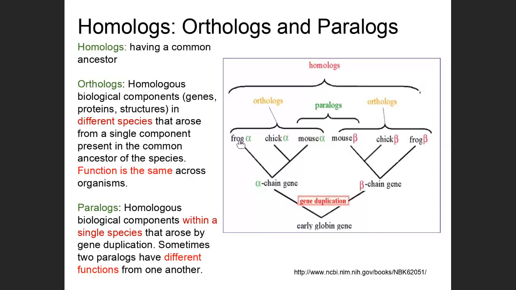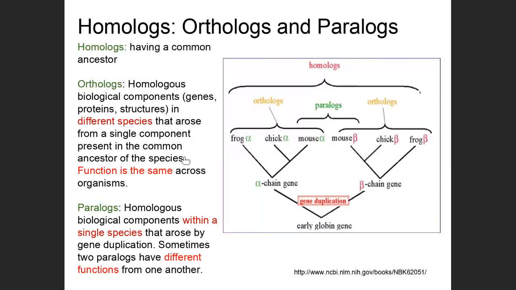If you compare the frog alpha globin with the chick alpha globin, you're comparing two orthologs. If you compare the mouse alpha globin with the mouse beta globin, you're comparing two paralogs. If you compare the mouse alpha with the chick beta globin, you're making a mistake, because they're not going to actually group together.